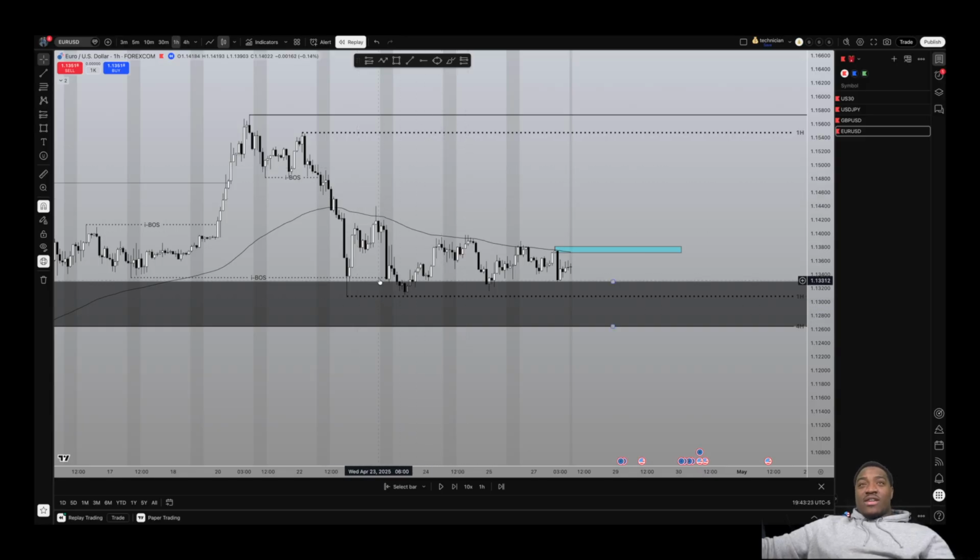Only thing that we have right now is we had this minor pullback, came lower, boom. Yeah, let me show y'all what I see. I see this. Minor pullbacks.